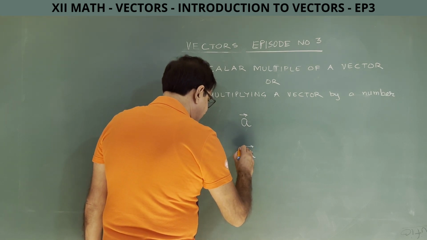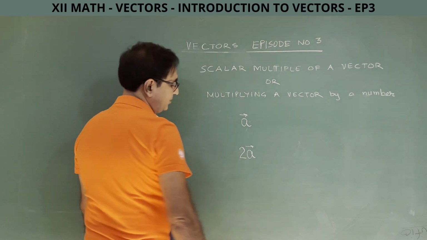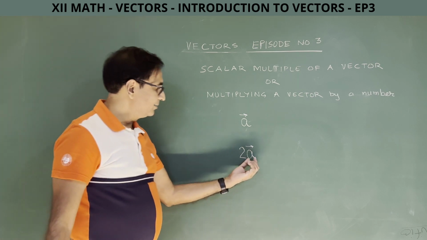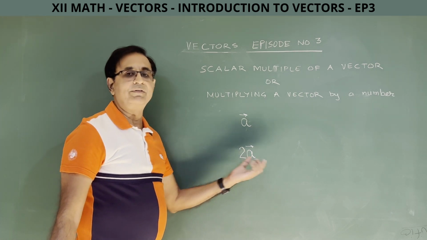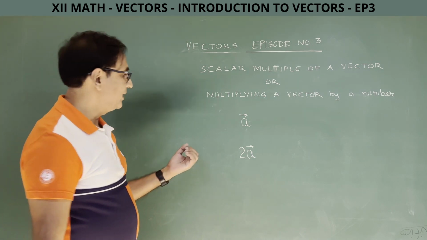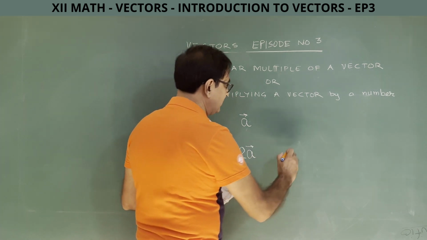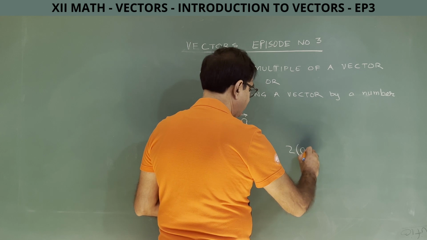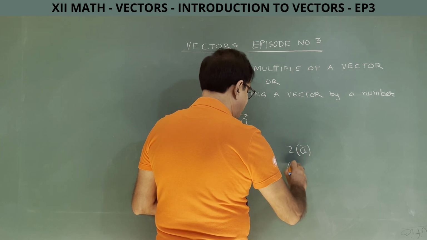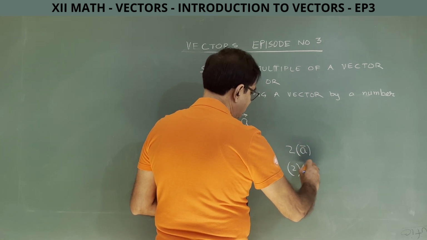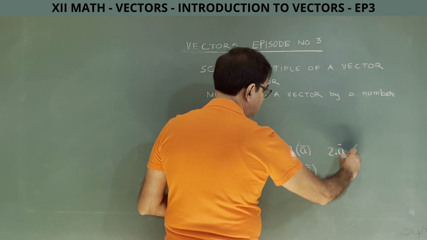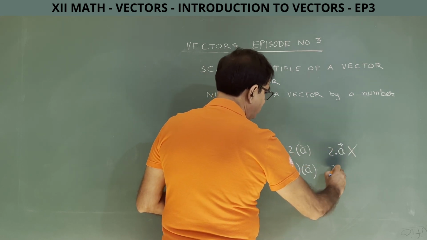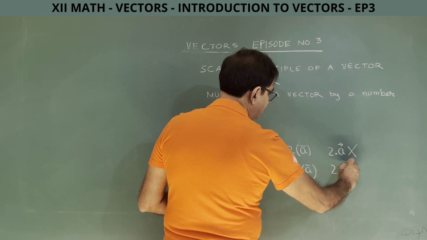So, I simply write 2 in front of this. So, this will be called multiplying vector A by a number 2. You cannot put any symbol between the 2 of them. Okay? If you feel like, you may put a bracket like this, you may put a bracket like this, but you can't do this, this is wrong, and you can't do this, this is also wrong.